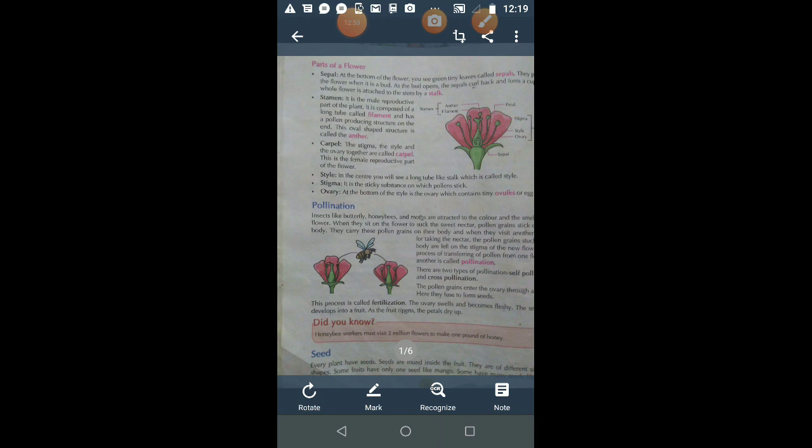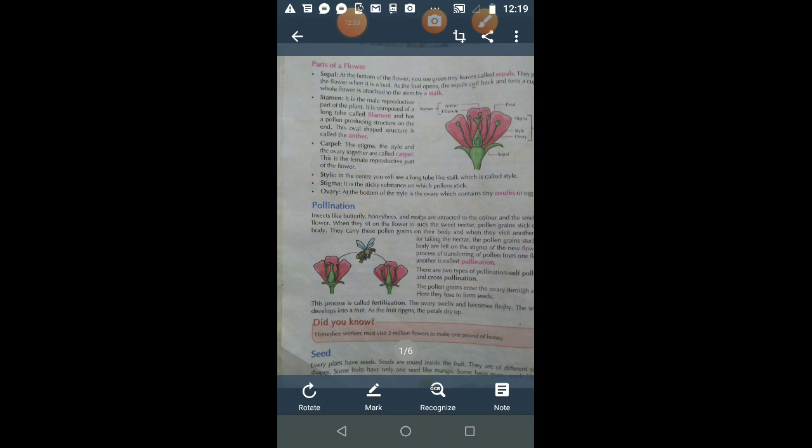Is it clear? The style is in between. On the top it supports the stigma, and at the bottom it is attached to the ovary.